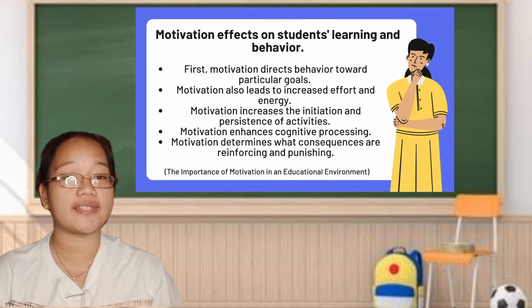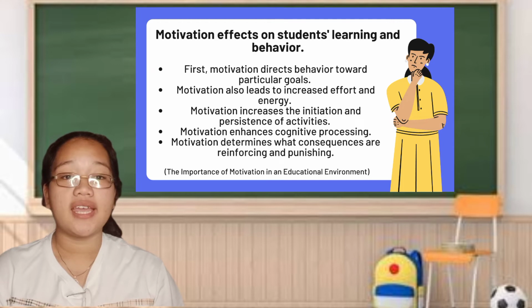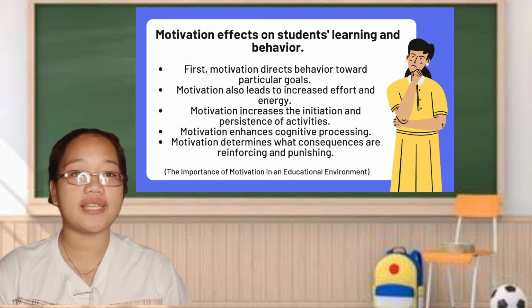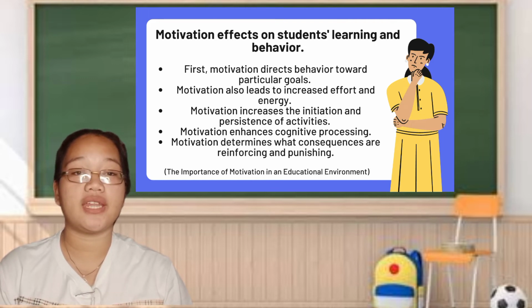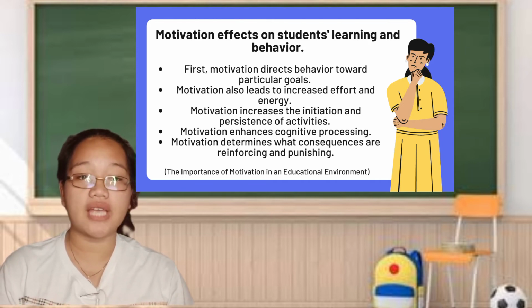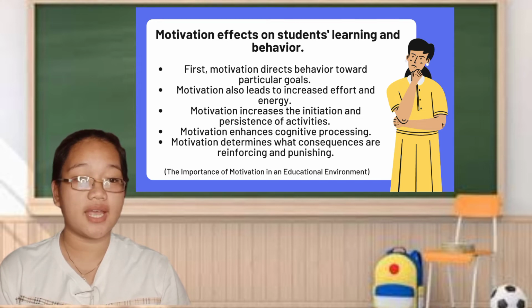Now let's move forward to the several effects of motivation on students' learning and behavior. So this is from the importance of motivation in an education environment. The first one: motivation directs behavior toward particular goals.